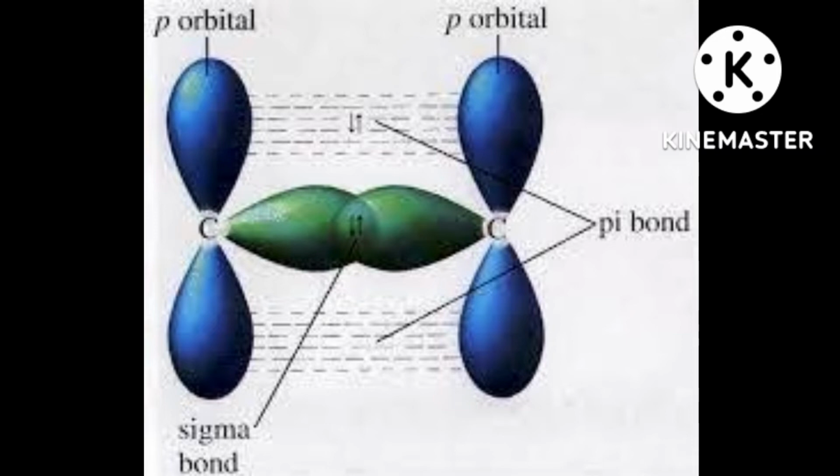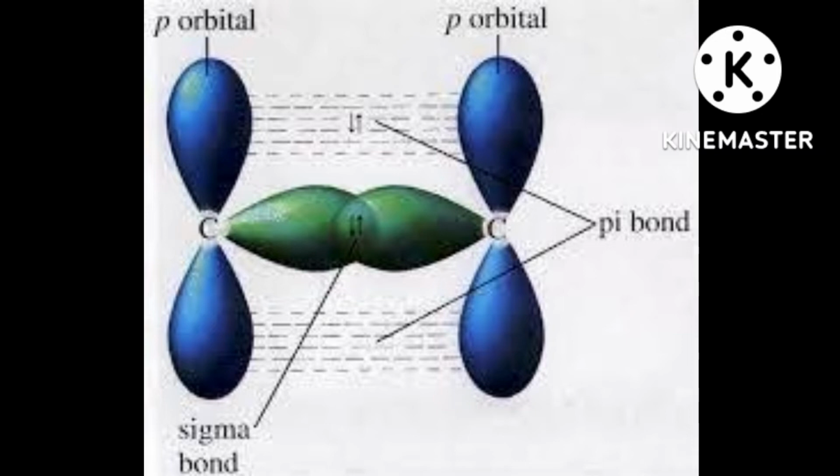After overlapping, in the middle where both are common, both shared electrons will be there. When they overlap, electrons will be only in that space.